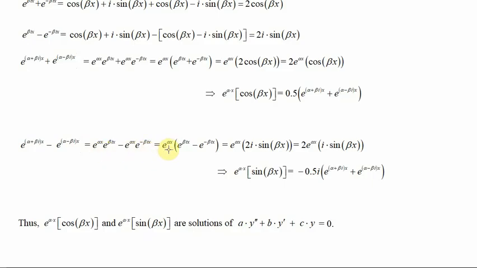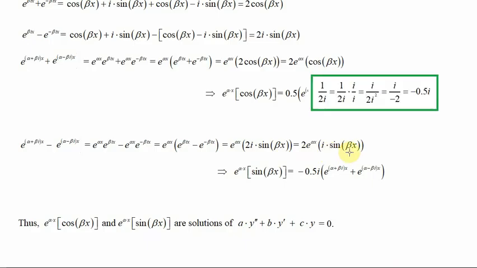Common factor e to the alpha x times e to the beta ix minus e to the negative beta ix. This expression right here is 2i sine beta x. So we'll replace it with 2i sine beta x, and we'll get 2e to the alpha x times i sine beta x.